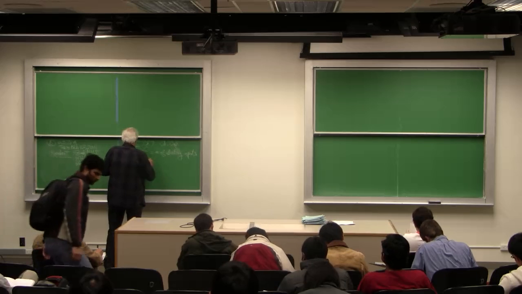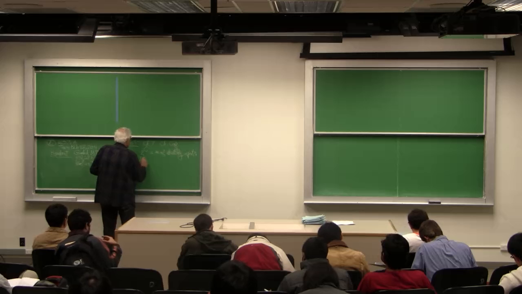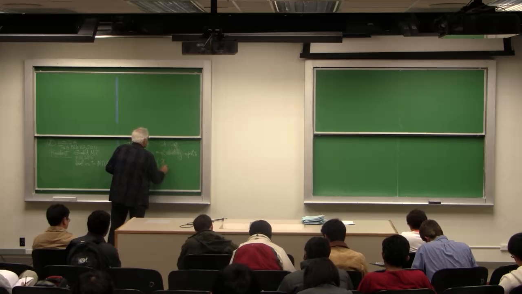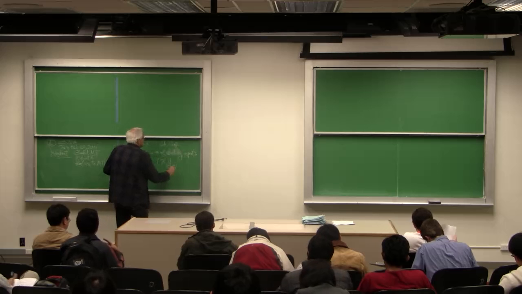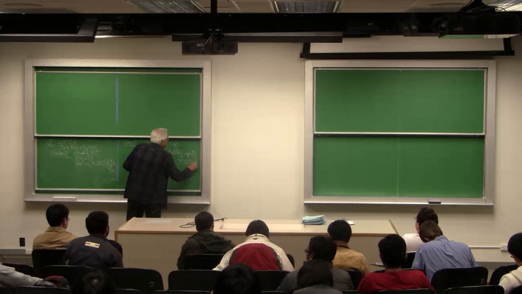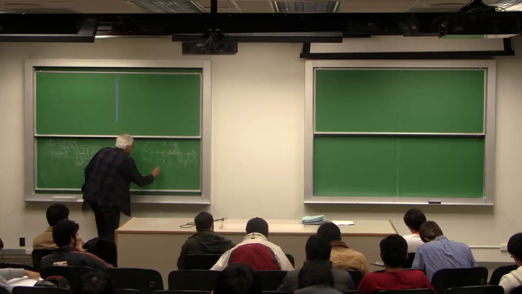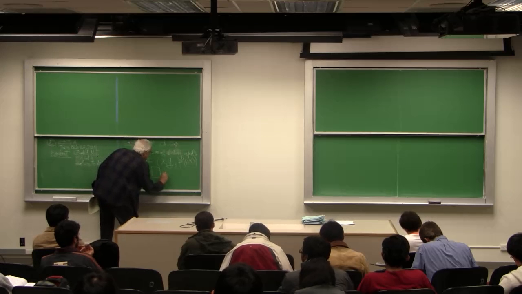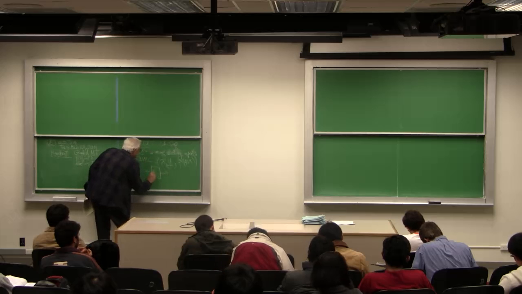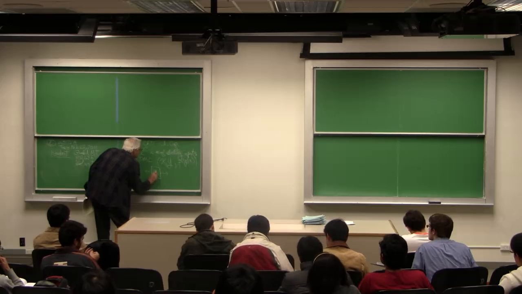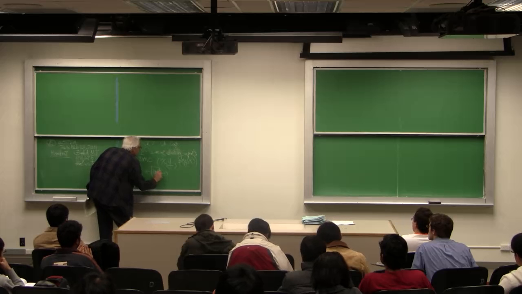And we talked about a DMC, discrete memoryless channel, and that consists of an input alphabet, an output alphabet, and a probability distribution. So you put in an X and you get out a Y according to P of Y given X. Now, what kind of control do you have over Y?